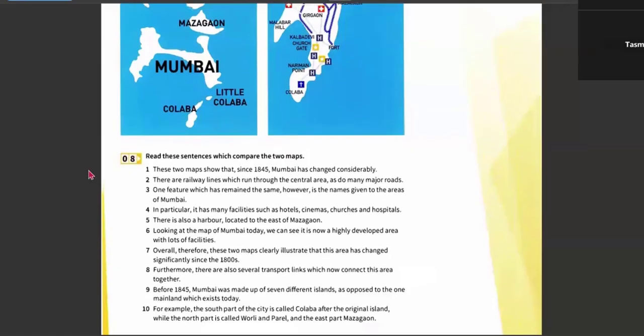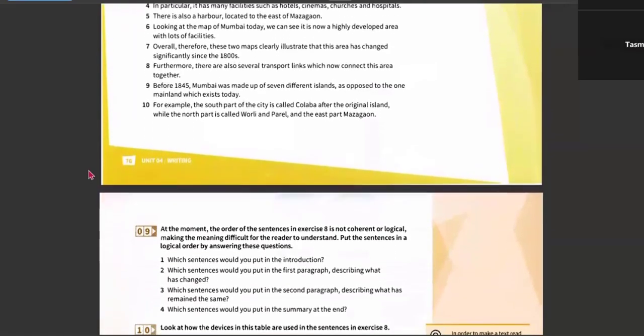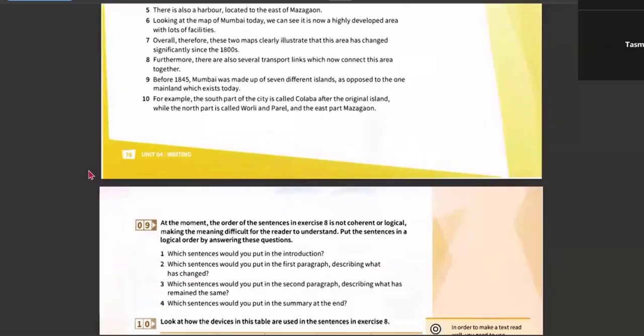So, what we have to do now is that in our next activity, we have some questions given where we have to answer those by selecting the statements that are given above. Okay, so let's look at what number 9 says. At the moment, the order of the sentences in exercise 8 is not coherent or logical.